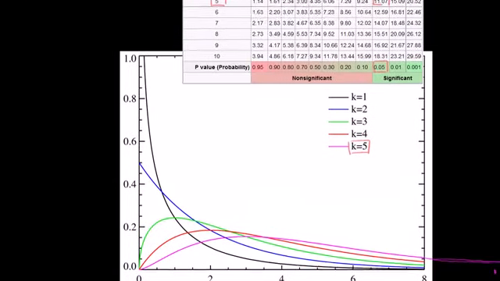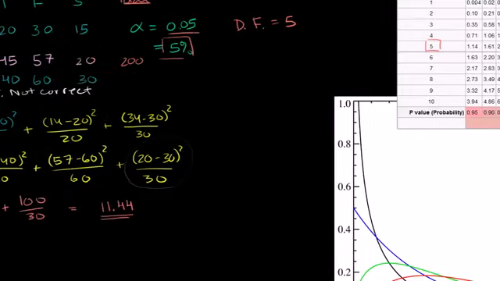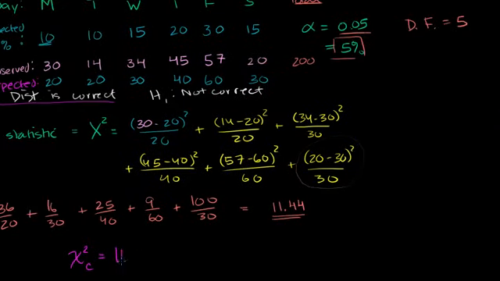Let me look at the chart again. 11.07 is equal to 11.07. The result we got for our statistic is even less likely than that. The probability is less than our significance level.